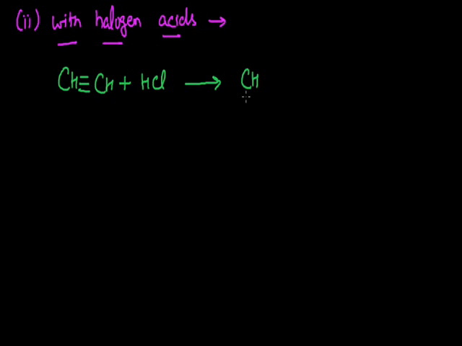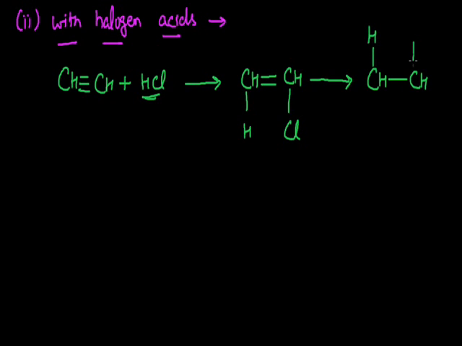One sigma bond is formed with this hydrogen atom. Here only one sigma and one pi bond will be left with one CH group, and now the CH group will form a sigma bond with the chlorine atom of this hydrochloric acid. Now since this compound again has a pi bond, if we want, we can further go for the addition of one more hydrochloric acid. By the addition of this hydrochloric acid, the formed compound will be CH with a sigma bond to another CH group.